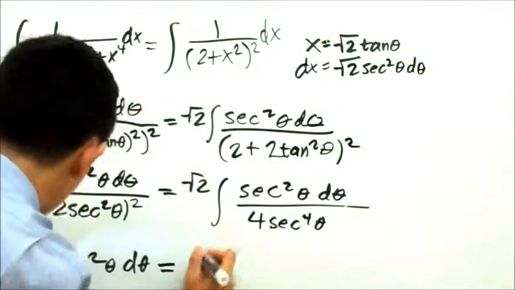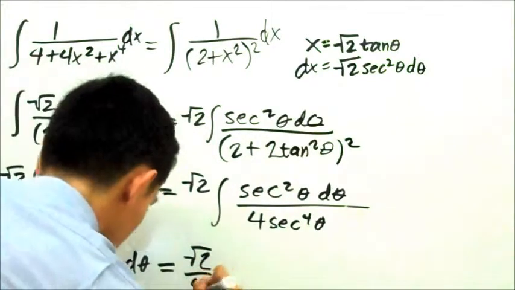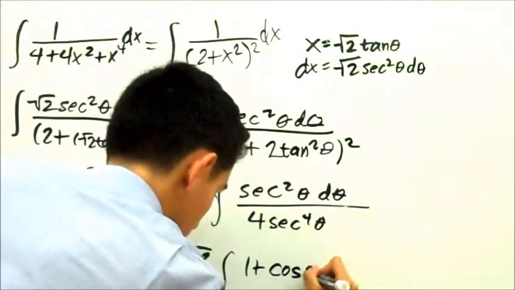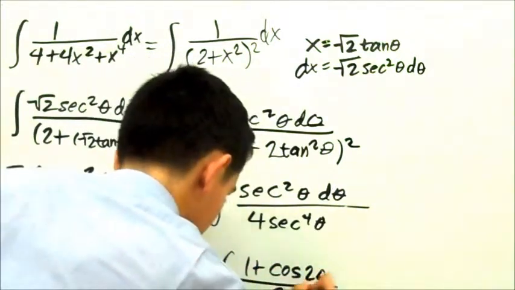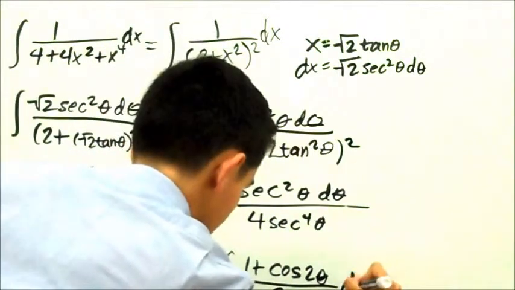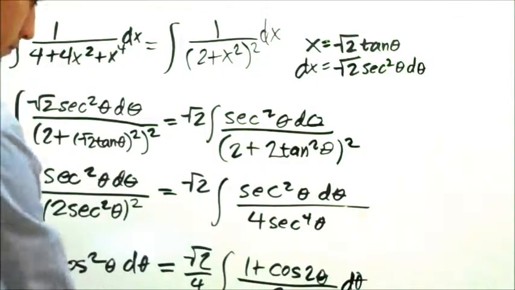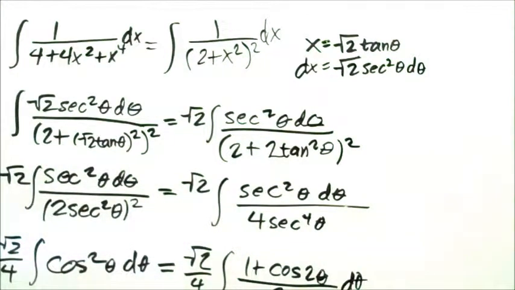So this is equal to square root of 2 over 4, and that is just 1 plus cosine 2 theta over 2 d theta. And then we'll pull this 2 out in front. So we have square root of 2 over 8, so 4 times 2 is 8, integral of 1 plus cosine 2 theta d theta.